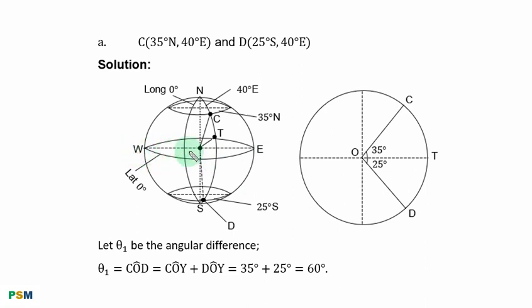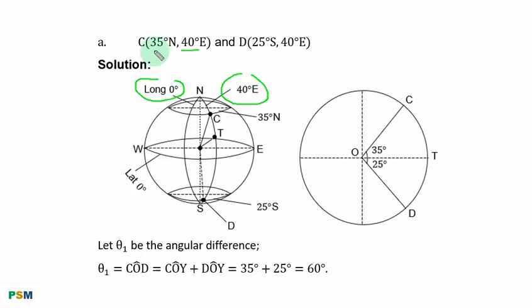You draw the two reference points, latitude 0 degrees, the equator, longitude 0 degrees, the prime meridian. Now, we have the given longitude to the east, hence we have the prime meridian to the west. So we have this line as longitude 40 degrees east.